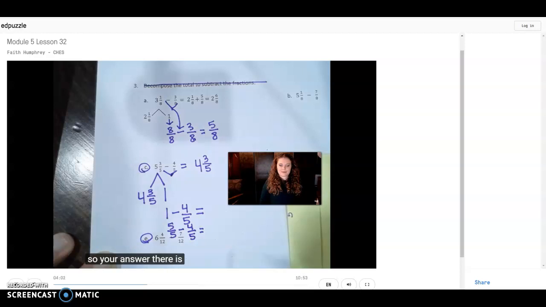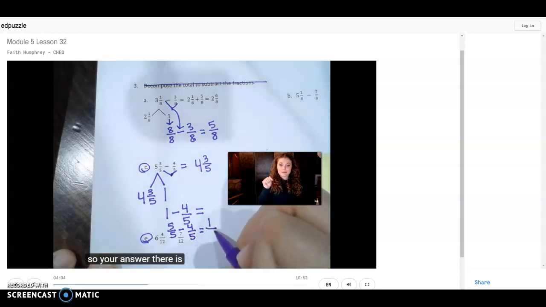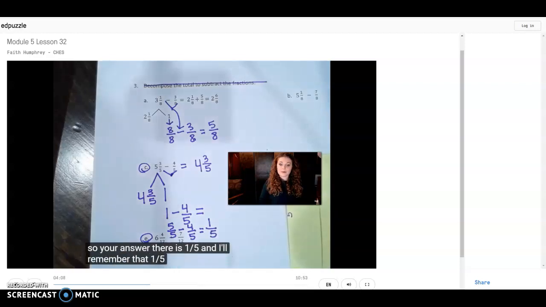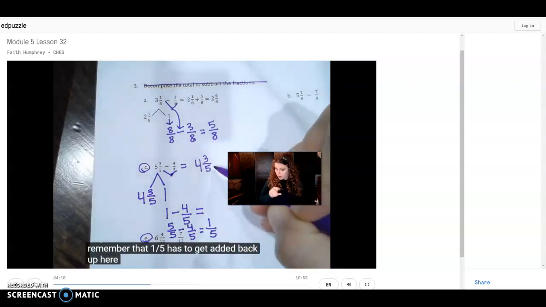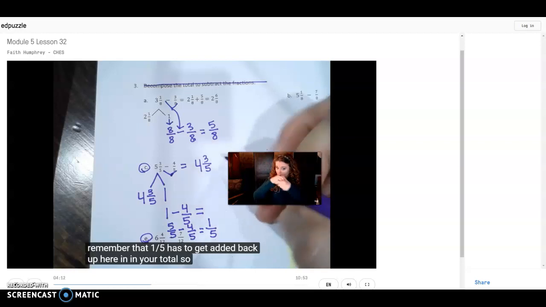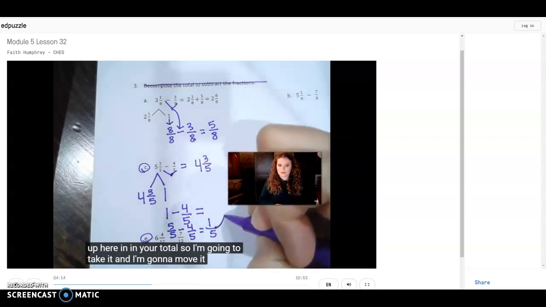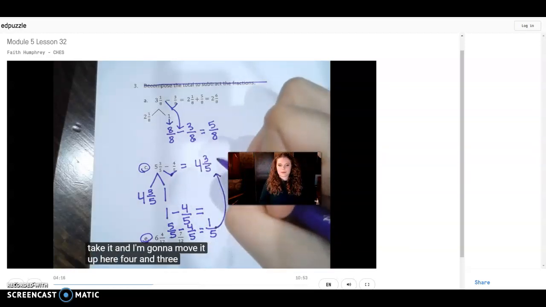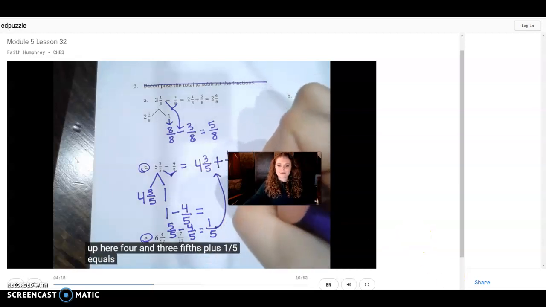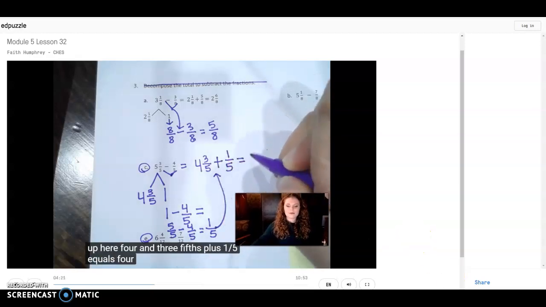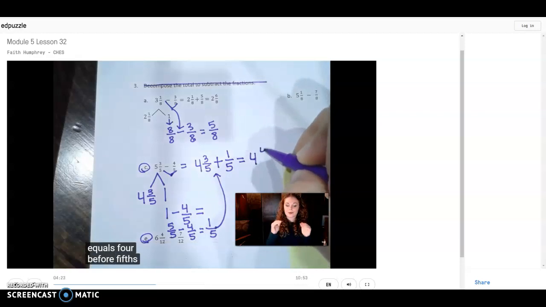So your answer there is 1/5. And now remember that 1/5 has to get added back up here in your total. So I'm going to move it up here. 4 3/5 plus 1/5 equals 4 4/5.